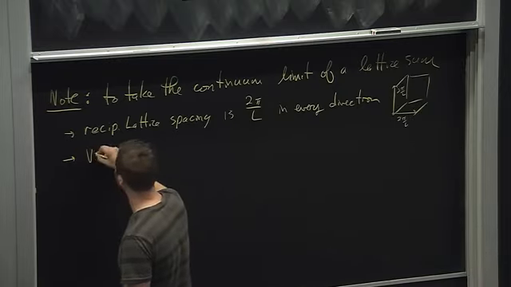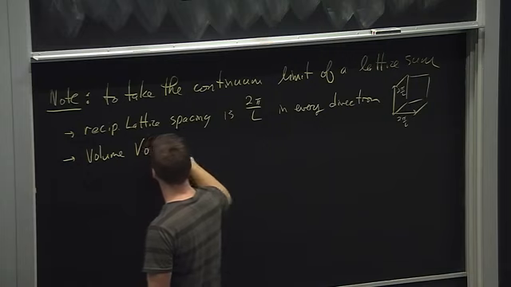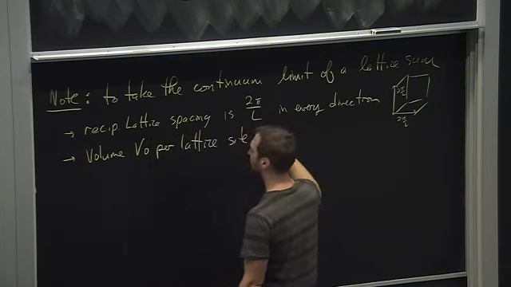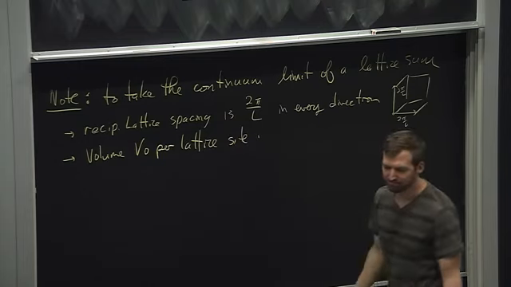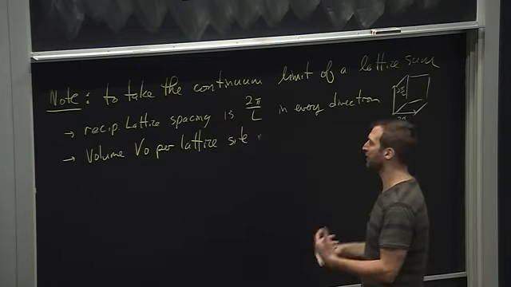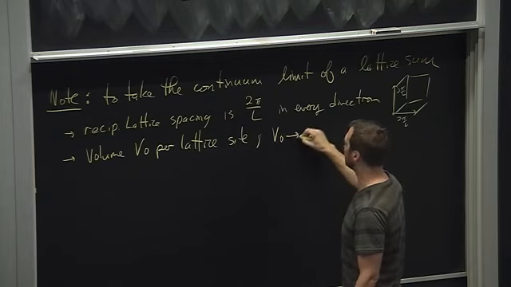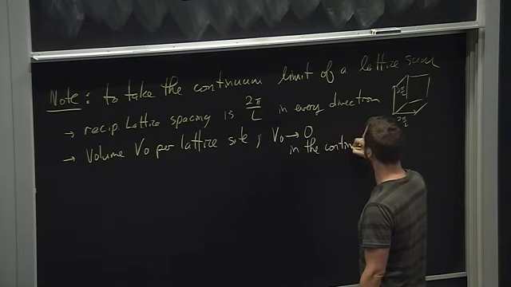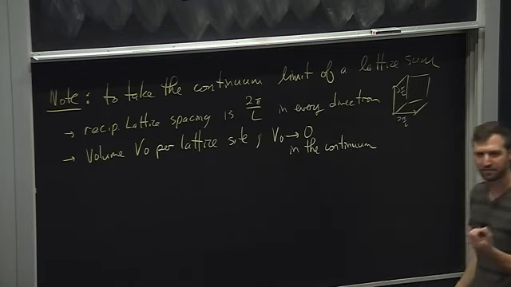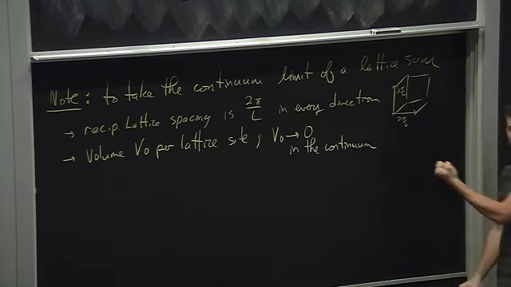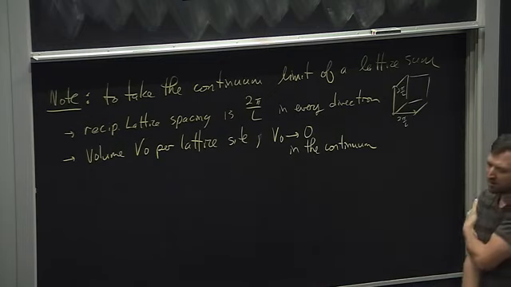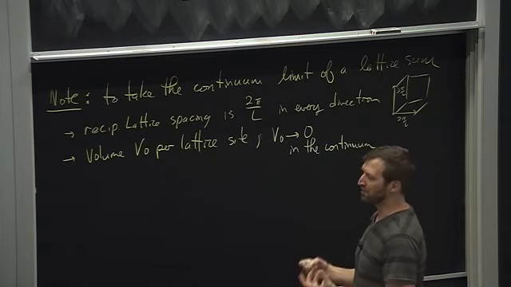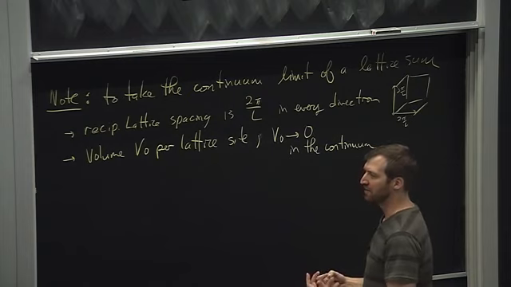So call it V naught. Okay, so in the continuum limit, that goes to 0. Right? You're shrinking that cell down to 0. But the total volume of the Brillouin zone, or the total volume of your sample, has to remain fixed.